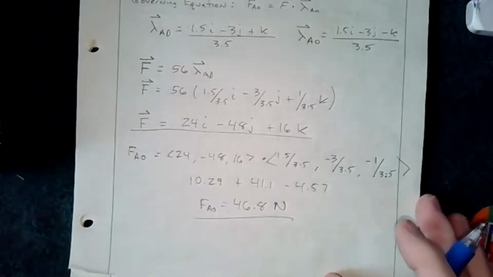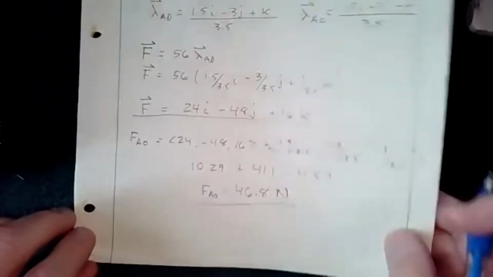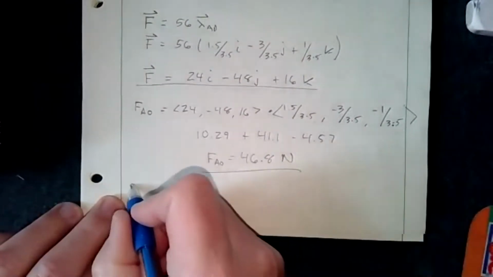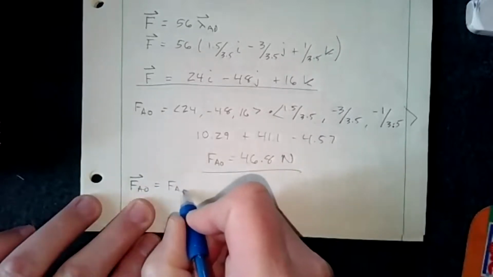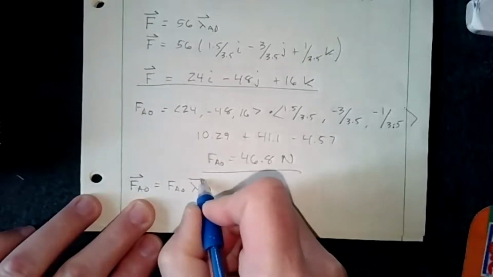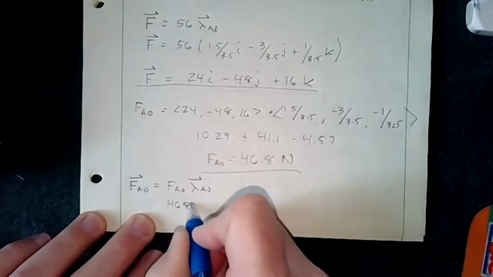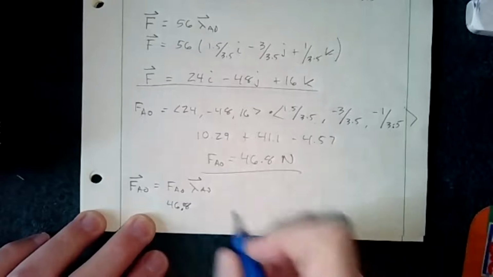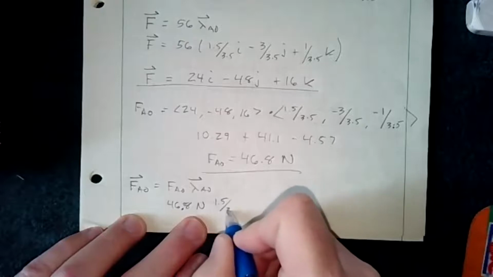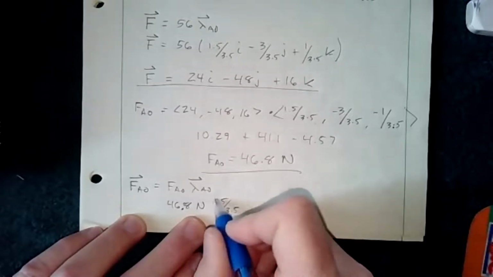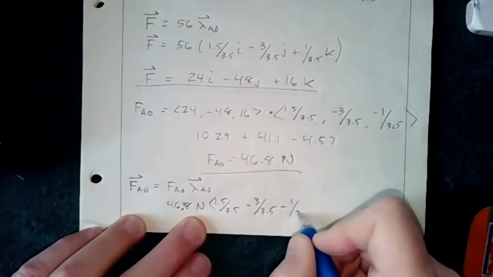Okay. Now, if we want to figure out what that is as a vector, then we know that FAO just equals FAO times lambda AO. And so we get 46.8 newtons, and then we know lambda AO, 1.5 over 3.5, minus 3 over 3.5, minus 1 over 3.5.